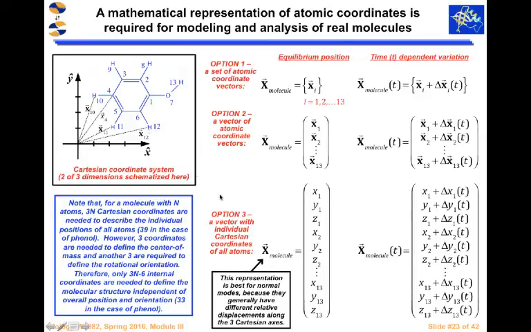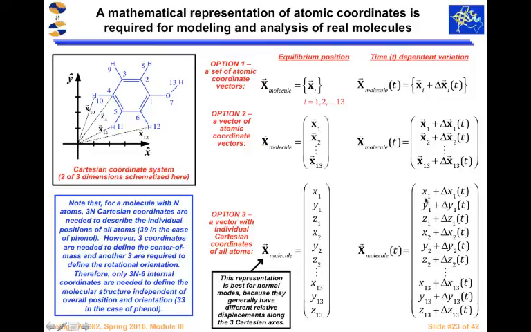So in this notation, we would just break it down into the coordinates of each individual atom, x1, y1, z1, all the way through x13, y13, z13. We have a vector like this describing the individual Cartesian coordinates of the atoms. And then what we're going to say is, with time, the positions of the Cartesian coordinates change.